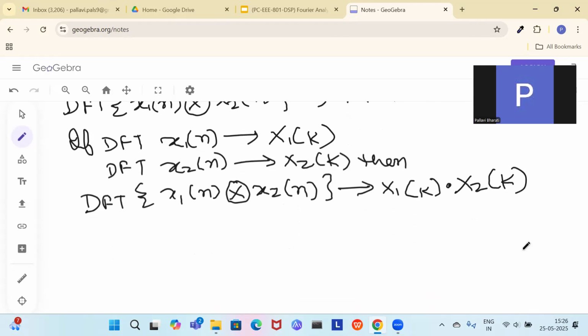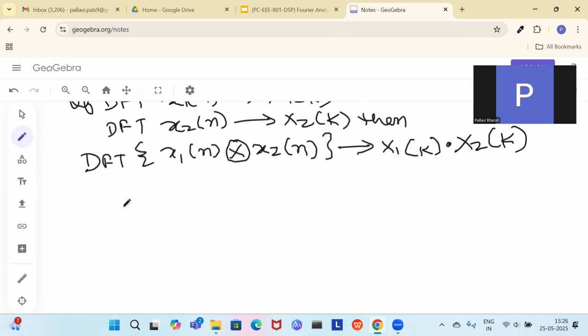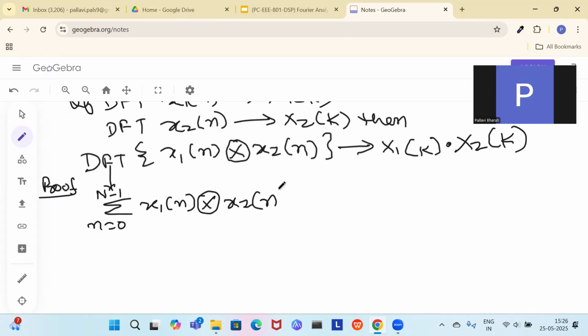In order to prove this, start in the same manner. It will go from n equals 0 to capital N minus 1, x1(n) circularly convolved with x2(n). This is my signal actually, and we have to do the discrete Fourier transform of this, so e to the power minus j2 pi kn by N. Now here again the same thing is going to happen: you have to write the inverse DFT.